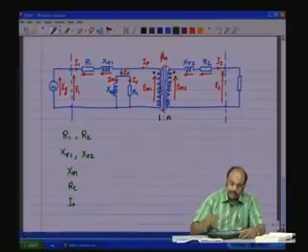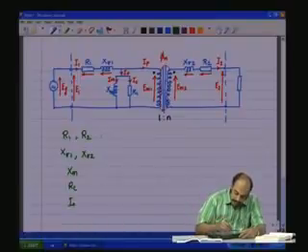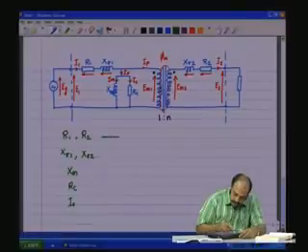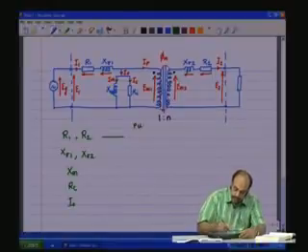Now, for these circuit elements, what are the per unit values?